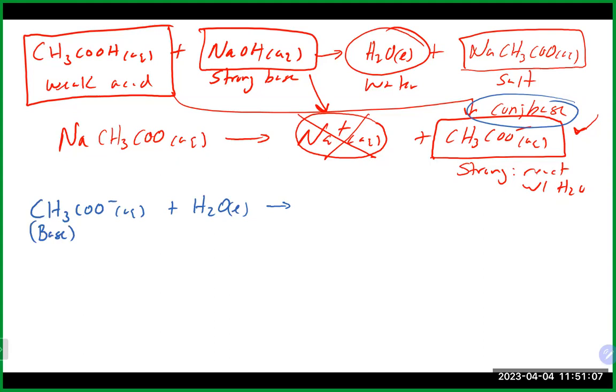as a base. Definition of a base is something that will accept an H+. So what's going to happen in this case is it is going to take basically an H+ away from the water. The result of that is you will always form where it came from.